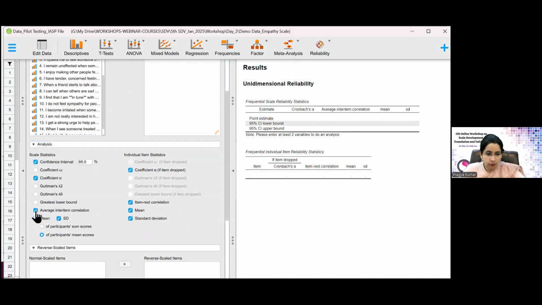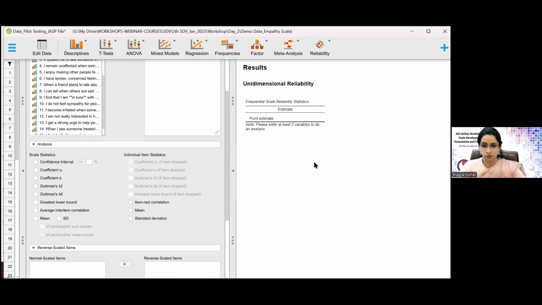If you don't want this, you can uncheck that. If you uncheck that, now you can see it is buffering, and now no option is here.